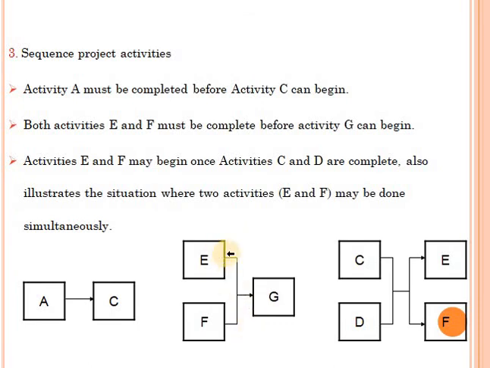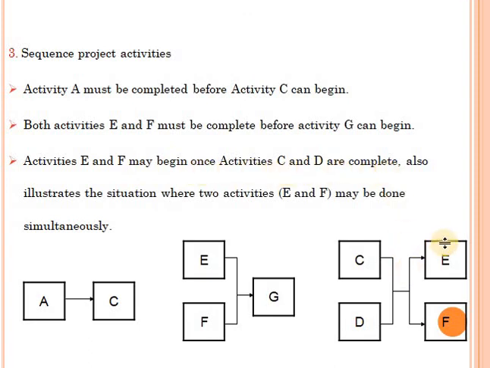So you see that the relationship is represented in this way. Okay, I have to finish E and F both, so they have to finish in order to begin G. I can represent it in this form, or I can draw an arrow from E to G and from F to G. Now here we have the case where E and F may begin once activities C and D are complete.